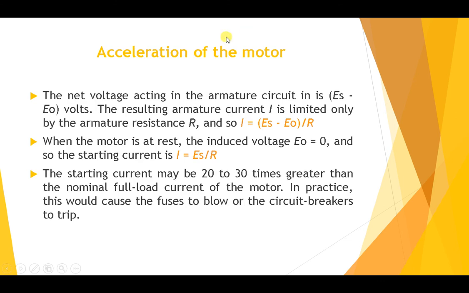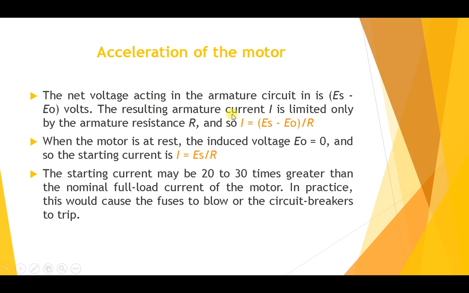Now acceleration of the motor. We know that the net voltage acting in the armature circuit is ES minus E0, meaning the supply voltage minus the back EMF. So that will be the net voltage acting in the armature circuit.